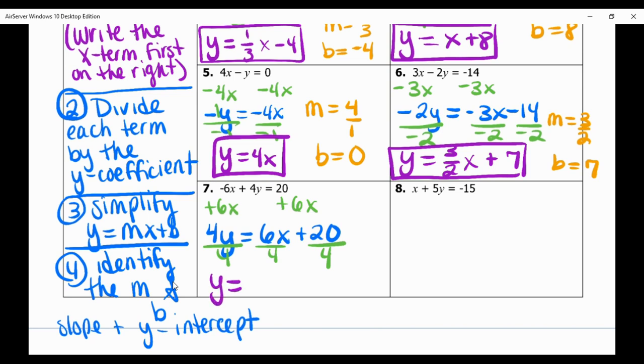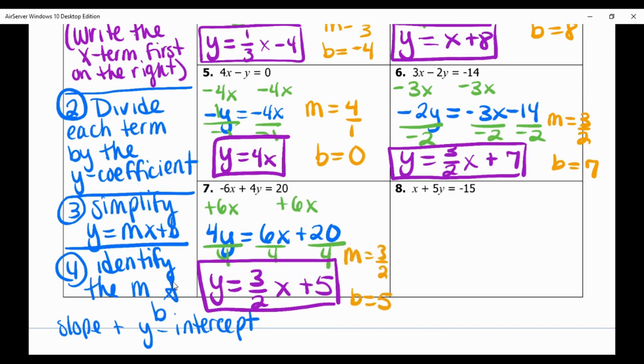We also want to simplify any fraction possible. 6 over 4 is 3 over 2. In this example, our slope is 3 over 2, and our y-intercept is 5.